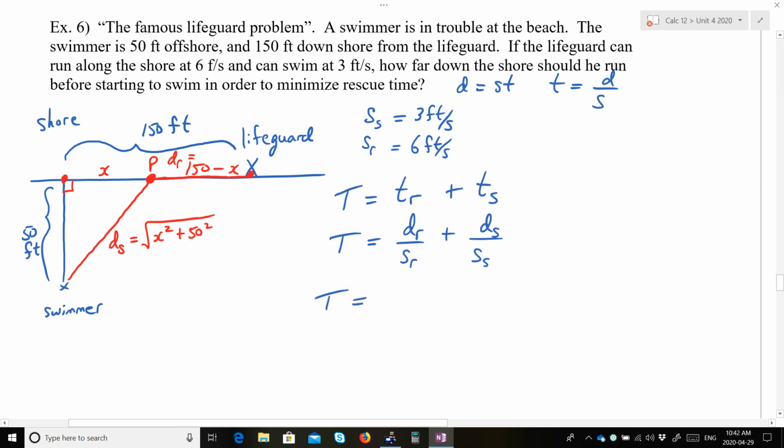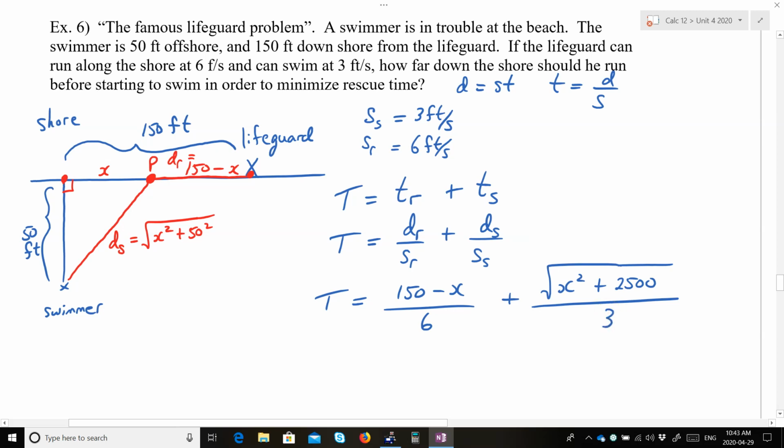Total time function, his distance to run is 150 minus x. His speed of running is 6 feet per second. Distance to swim is the square root of x squared plus 50 squared, which is 2,500. And speed of swimming is 3 feet per second.